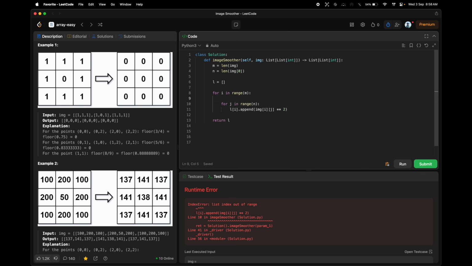So the problem is the list exists, but definitely I cannot infer anything if it does not. Oh, wait a second. l of i is not there. This is correct, so this cannot happen. But I still want to l dot append a list.